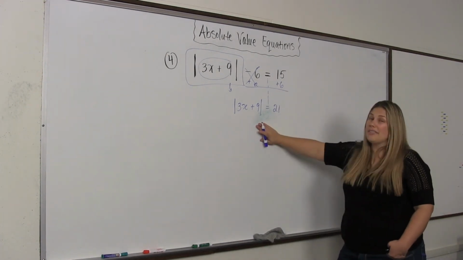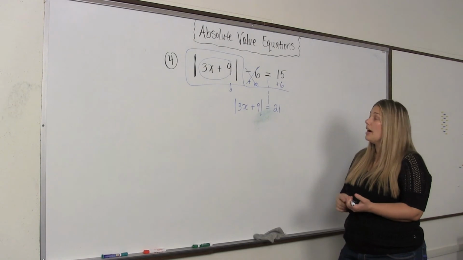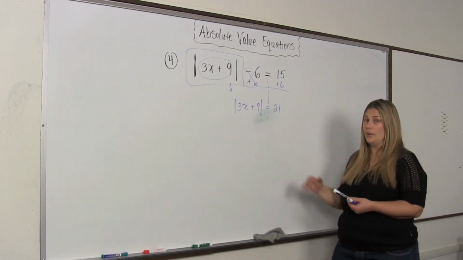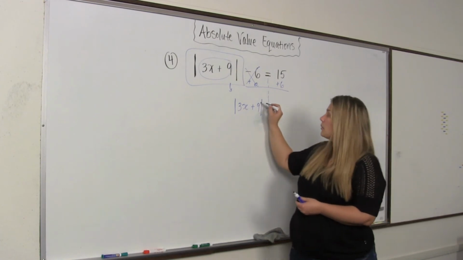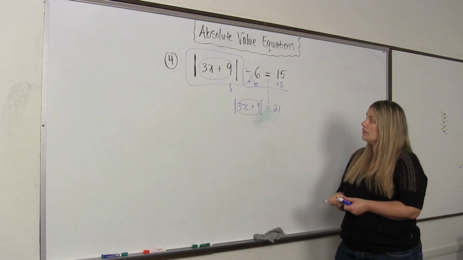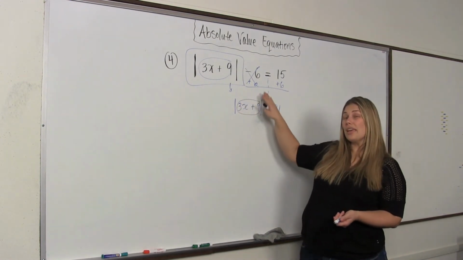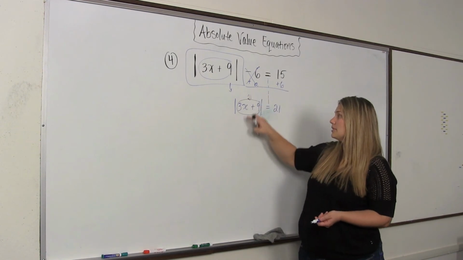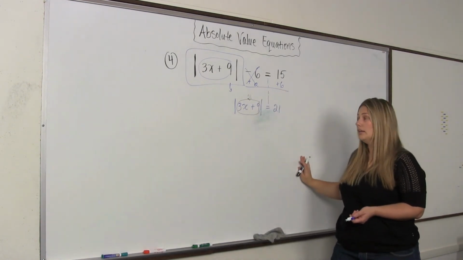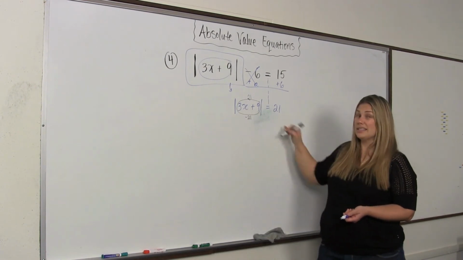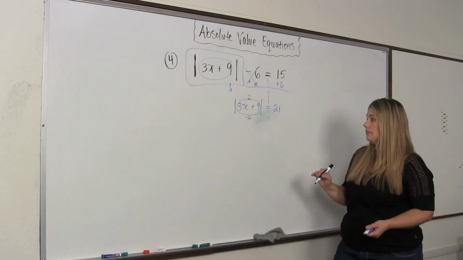So now that I have the absolute value by itself, they're asking what can I take the absolute value of and get 21. Well, that's when we can separate it into two, or one compound equation. It means everything inside this absolute value bars can be 21, because I can take the absolute value of 21 and get 21. But I could also take the absolute value of negative 21 and still get that 21.